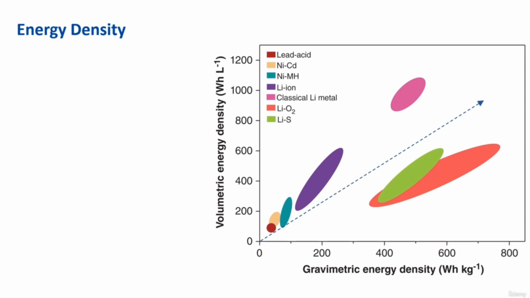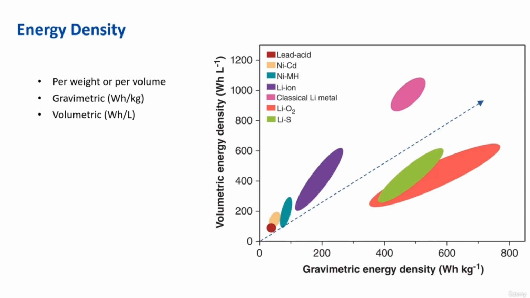The energy density is another very important parameter. There are two types of energy density. One is per weight and one is per volume. Now that we know how to determine the energy that can be stored in the battery, we can obtain the gravimetric energy density by dividing the energy content by the battery weight, resulting in the unit watt-hours per kilogram.